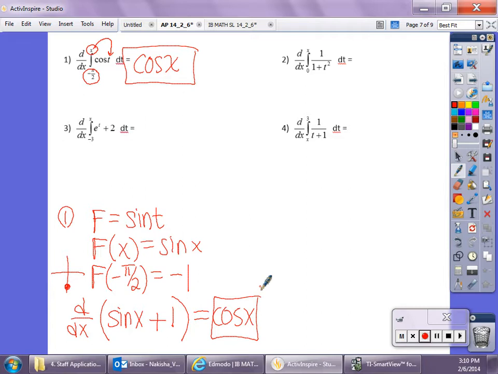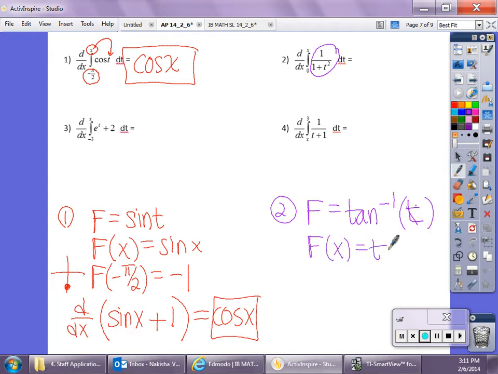All right? Number 2, I'm actually going to do the work again, and then after that we'll skip down to the other two without using the rule. So whose antiderivative is that? That's tan inverse of t. F of x would be tan inverse of x, and then f of 0 would be the tan inverse of 0.